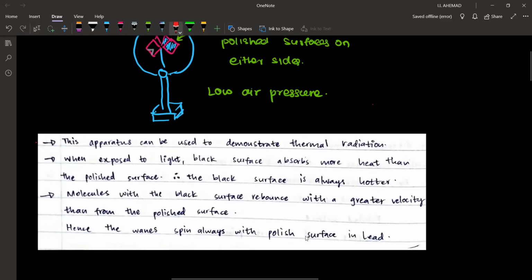This apparatus can be used to demonstrate thermal radiation. When exposed to light, the black surface absorbs more heat than the polished surface. Therefore, the black surface is always hotter. Molecules colliding with the black surface rebound with a greater velocity than from the polished surface. Hence, the vanes spin always with the polished surface in the lead.